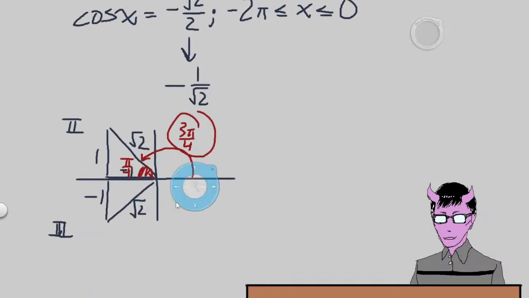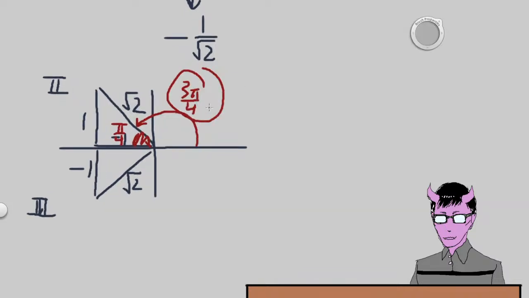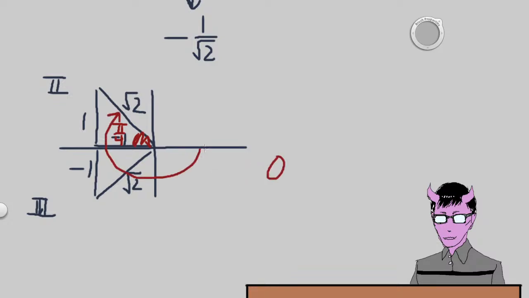So starting here, I guess we could start here as a base for the answer, but I'm going to avoid that. Rather than doing that, let's consider this other negative angle right here. That's going to be what? So 0, and then we're moving in the clockwise fashion. So that's going to be minus half circle, and then we have the spillover of pi over 4, so an additional minus pi over 4.